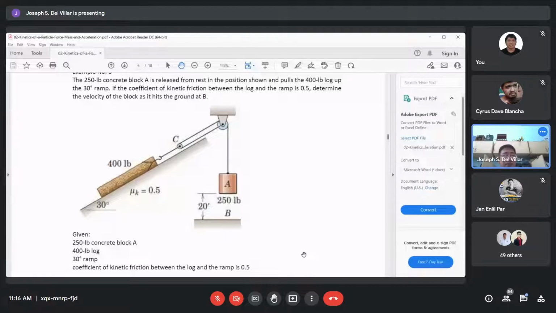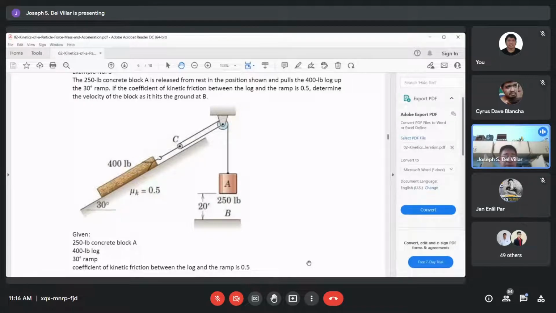There is a 400-pound lug resting on the incline, and concrete block A, which you can clearly see labeled with the letter A. So that is the concrete block, and that block is 250 pounds, released from rest.